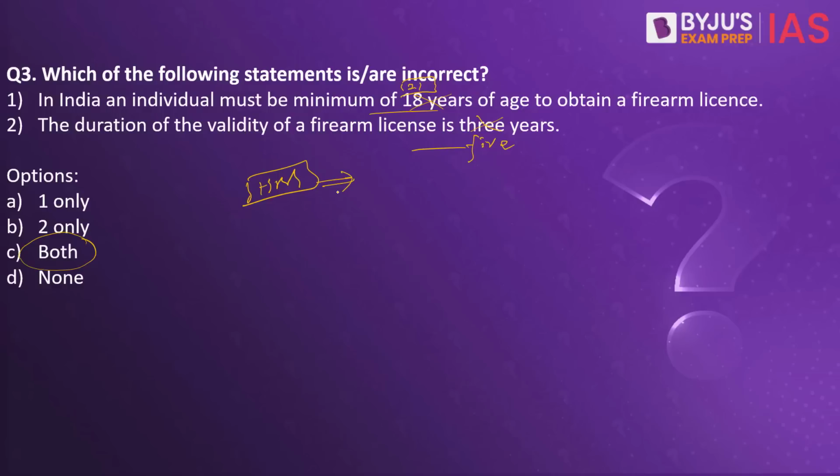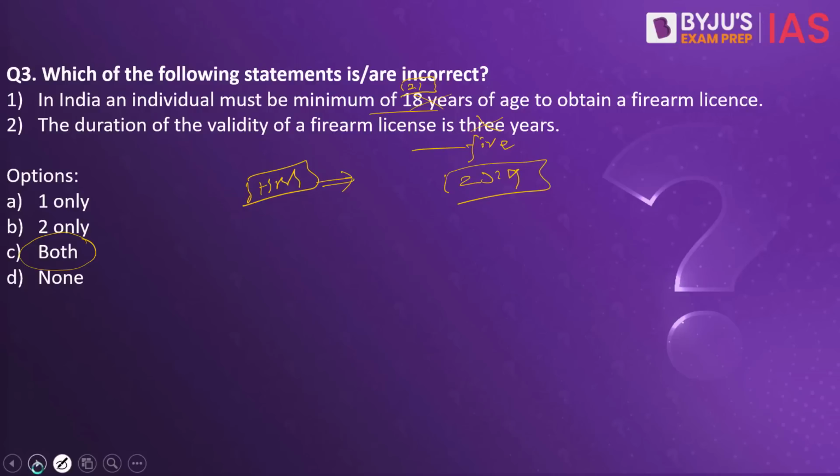So when you consider the second statement, the duration of the validity of a firearm license is about 5 years. Remember, there was a recent amendment made back in the year 2019. As per these amendments, a person can have a maximum of 2 firearms as against the norm of 3.